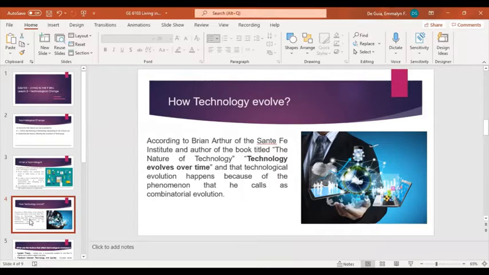Combinatorial meaning it's the result of intentional combinations of existing technologies through a process. So technology evolves because it changes basically for our common good. Technology was created to address the needs of the people, right? Culture is changing, we all know that, and so is technology, because technology is part of our culture.